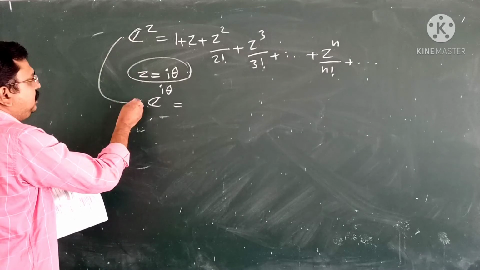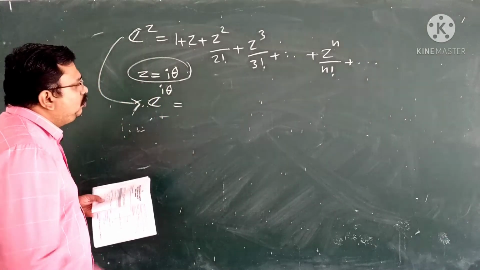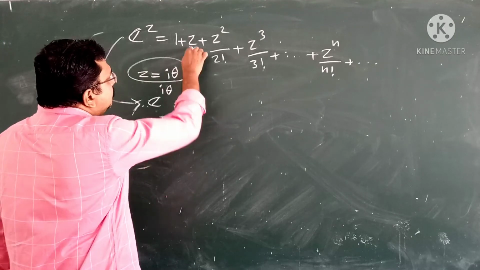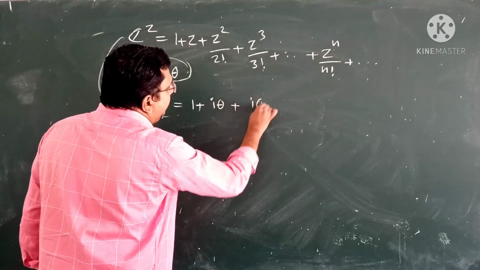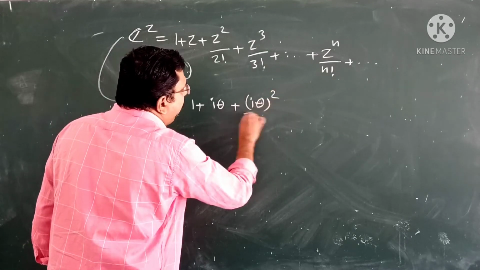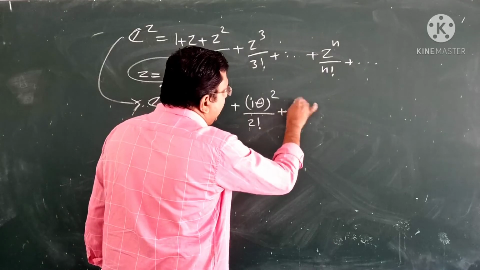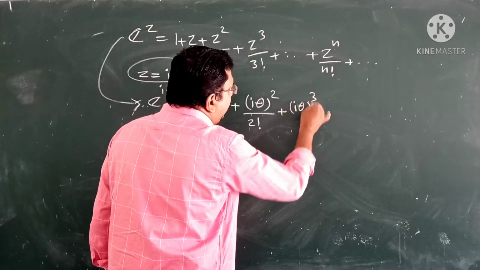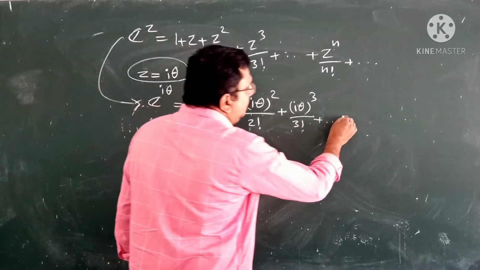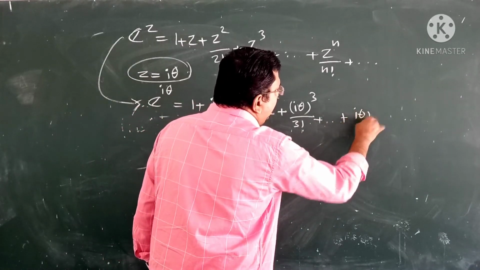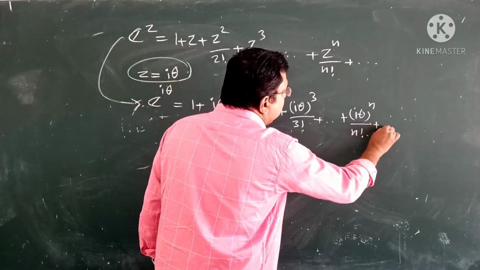Then this equation changes into e raised to i theta equal to 1 plus i theta square by 2 factorial plus i theta cube by 3 factorial plus etc. plus i theta raised to n by n factorial plus etc.